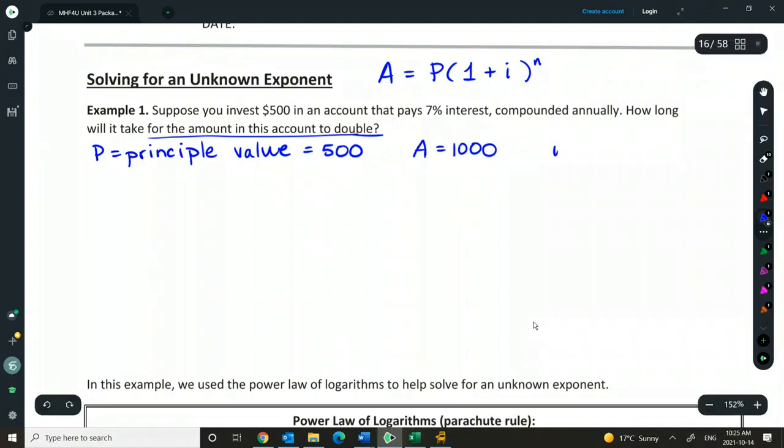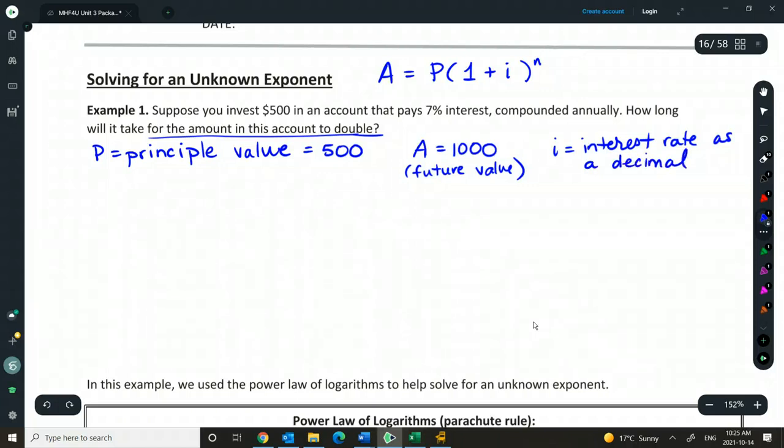Do I know i, the interest rate as a decimal? Sarwa? Yes. So if I switch 7% into a decimal, 0.07.